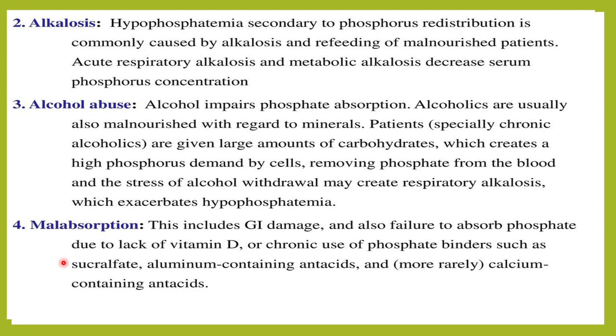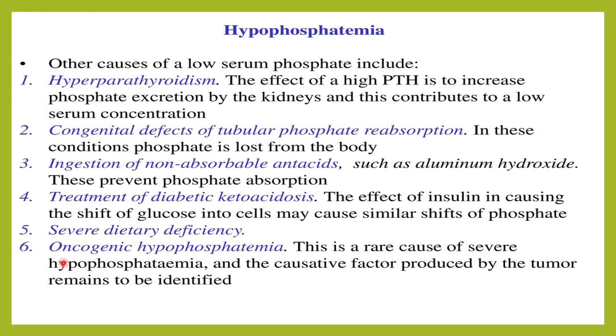If there is vitamin D deficiency, or chronic use of phosphate binders like sucralfate, etc., or aluminium containing antacids, they can also reduce this phosphate level. Sometimes patients keep taking antacids for a long time, especially aluminium containing antacids, and they can reduce the phosphate level.